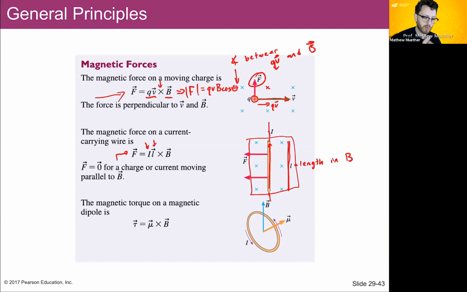That wire would experience a force due to the portion of the wire that sits in that magnetic field, crossed with the magnetic field B. So I can use my cross product. I point my index finger, the first vector of the cross product, in the direction of the current. For the example on the right, I point my middle finger into the page in the direction of the indicated B field, and I get a force that pushes on the wire in the opposite direction here.